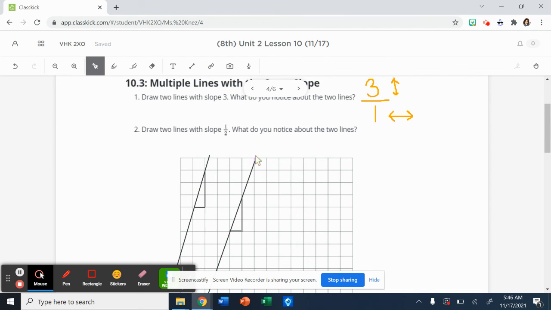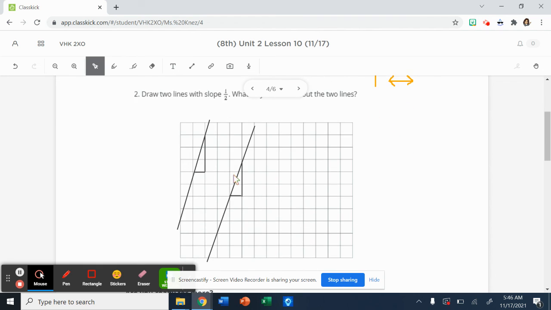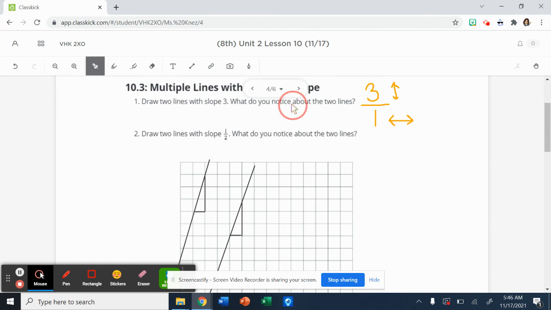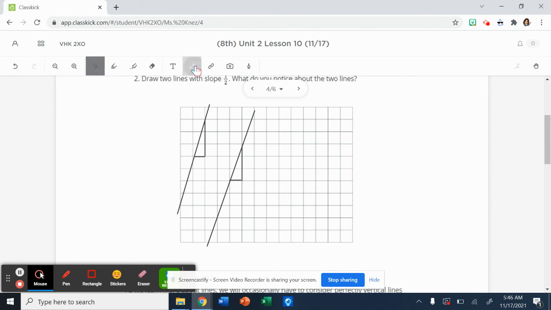Now notice that these lines are parallel. So that's one thing for what do you notice. But the other thing to notice is that if I created another triangle on this line, let's say I went 3 over and I went 9 up.